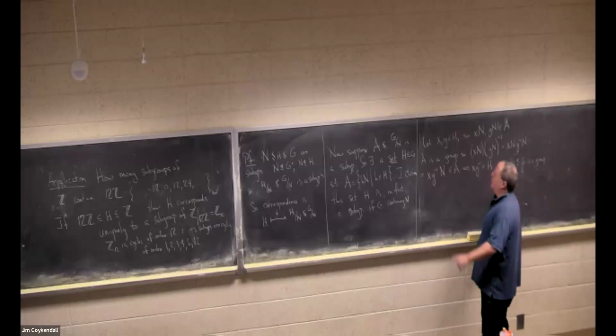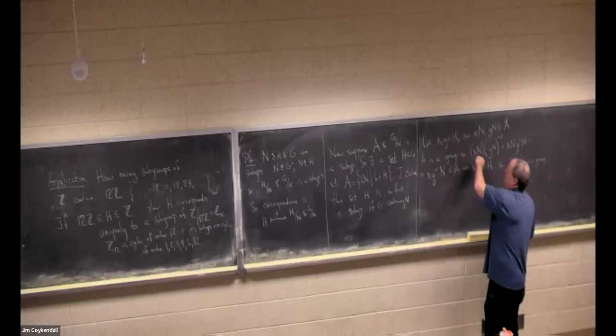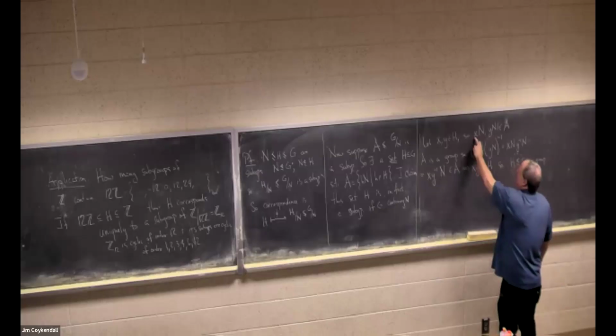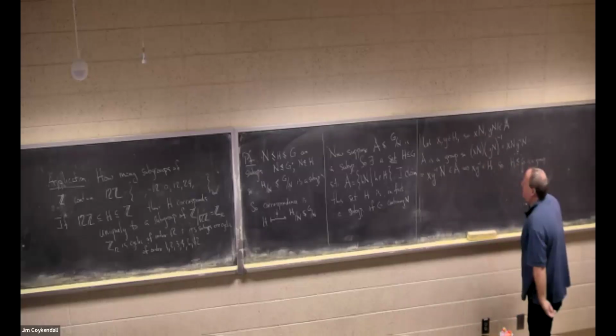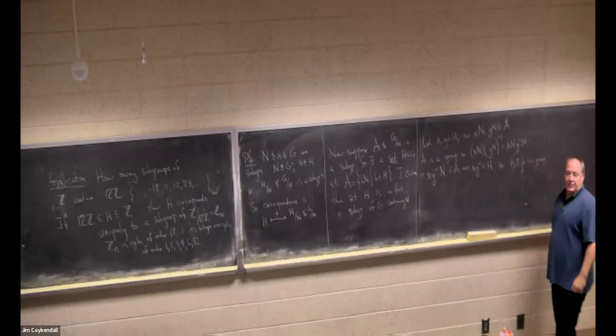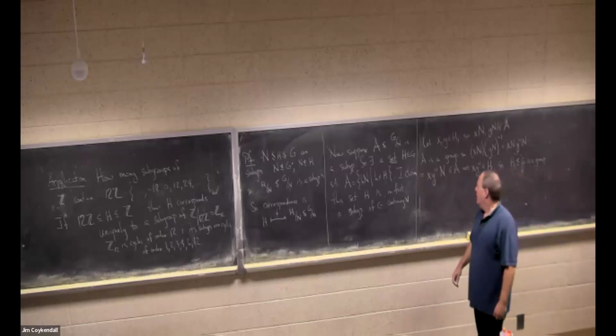Let me also point out that everything in N has to be in H, because if you have an element of N, its coset is the identity, which is in A. So H is a subgroup that contains N.